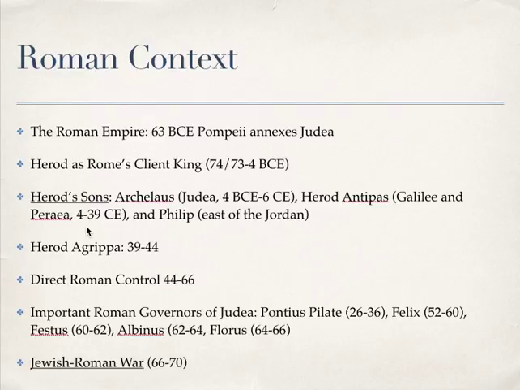And he was able to have a reign there for a long time, 4 to 39 of the Common Era. That's a very long time for this time period because it was in such political turmoil. But this is the Herod that we hear of most in the Gospels.